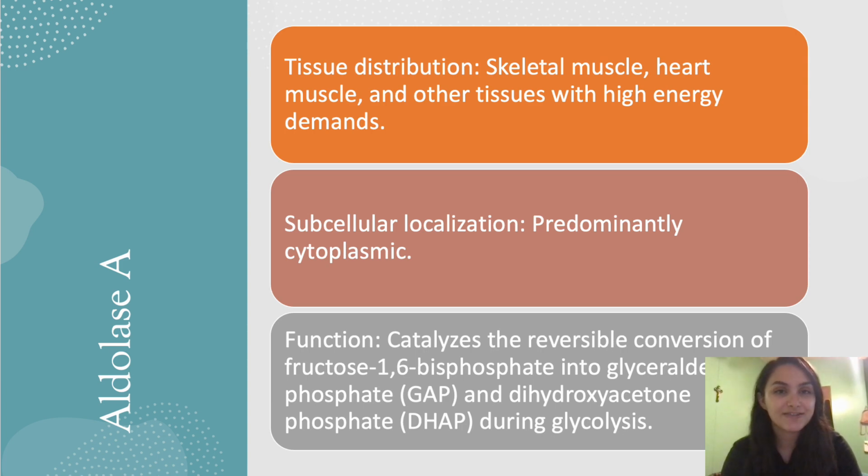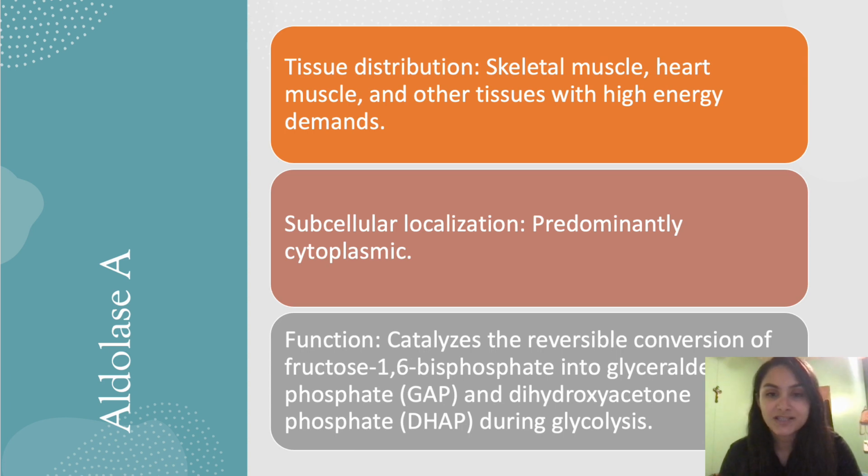So the first isoform would be aldolase A. It is also referred to as muscle aldolase. It's predominantly found in tissues with high energy demands such as the skeletal and cardiac muscles. Its subcellular localization is predominantly cytoplasmic.